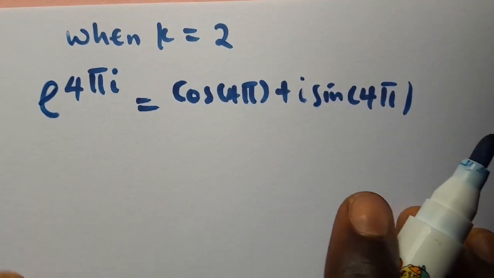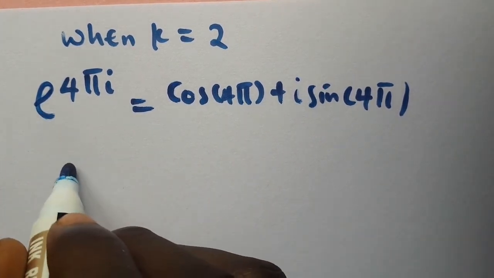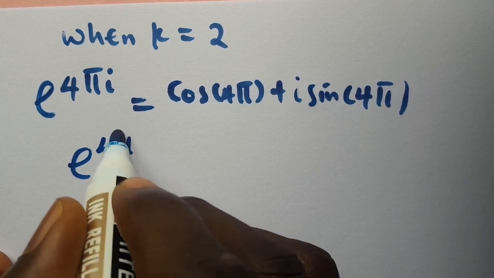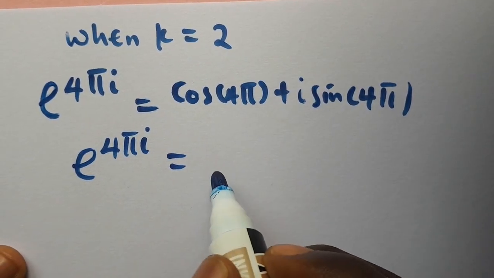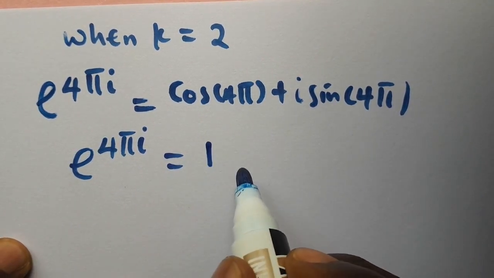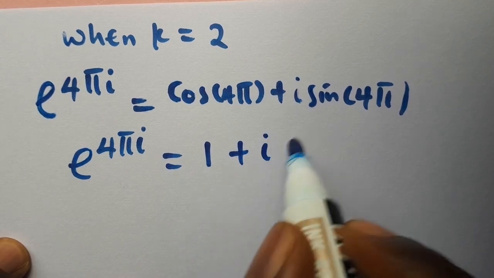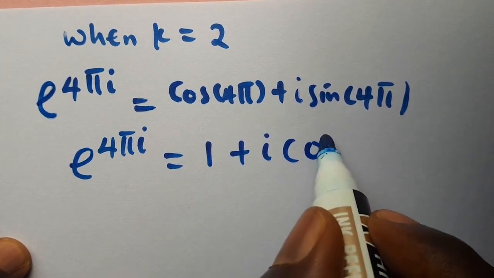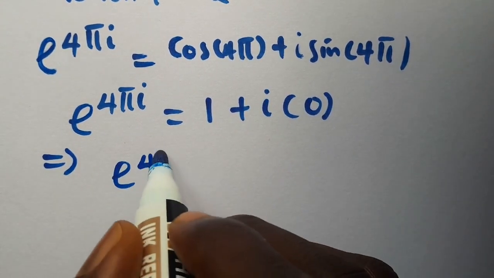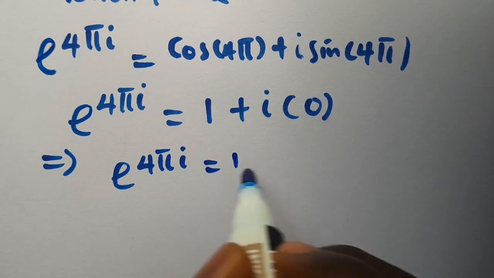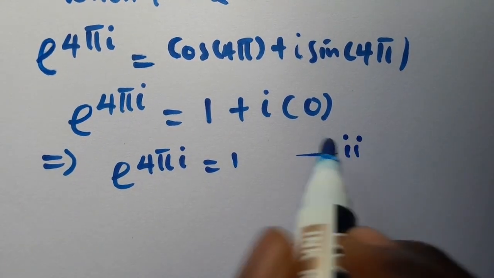So therefore guys, the left hand side will be e to the power of 4 pi i equals cos of 4 pi, which is 1, plus i sine 4 pi, which is 0. Then we have e to the power of 4 pi i equals 1. Name this as equation 2.